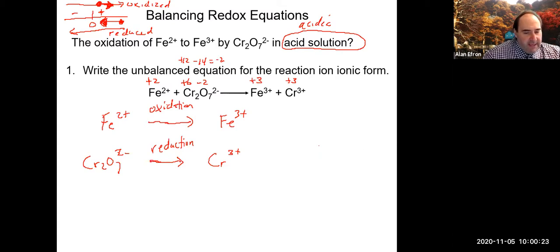That also means the iron 2 is our reducing agent, and the dichromate is our oxidizing agent. Any questions on how to identify all that?